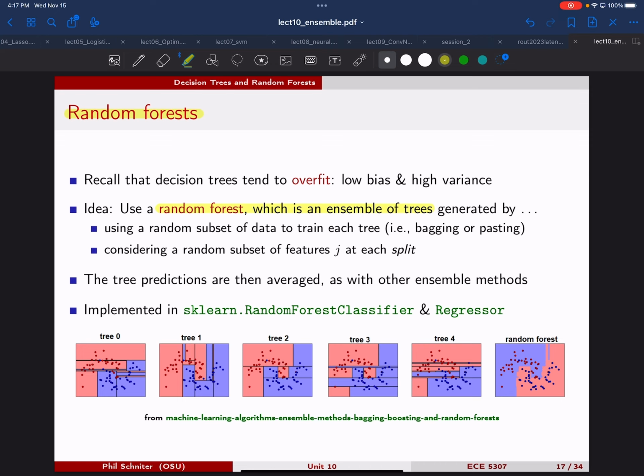So in order to make these trees sufficiently different from one another, we can use a random subset of data to train each tree. In doing that, you could use bagging or pasting. In other words, you could sample with replacement or without replacement. Second, we can use a different random subset of features at every split in every tree.